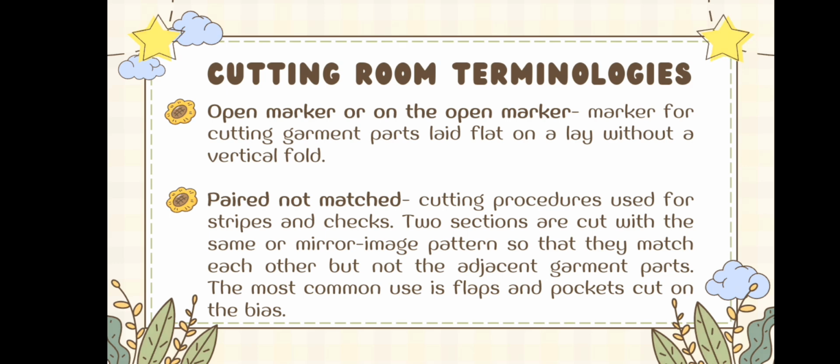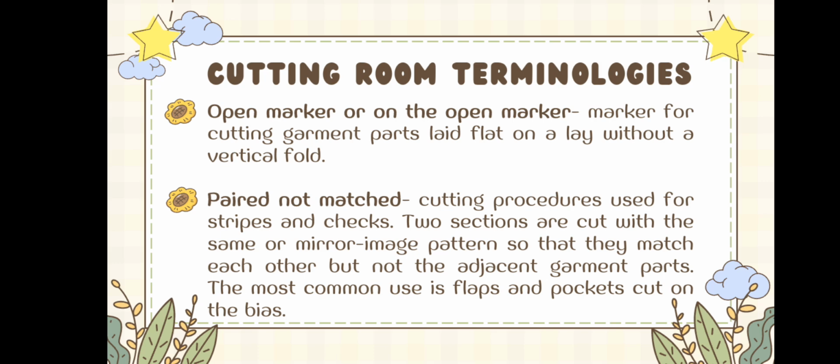The next we have paired not match. This is a cutting procedure used for stripes and checks. Two sections are cut with the same or mirror image pattern so that they match each other but not the adjacent garment parts. The most common use is flaps and pockets cut on the bias.